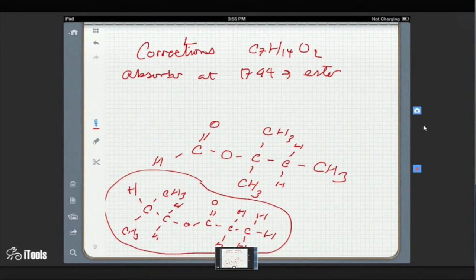The shifts for this hydrogen and these two are really far off, which means that they're probably right next to the oxygen. This CH2 is a triplet, so it should be next to two other H's, but it's only next to one other H right now. So maybe if we do this.